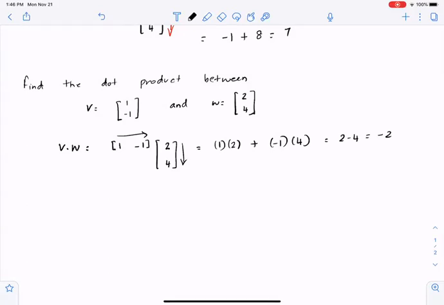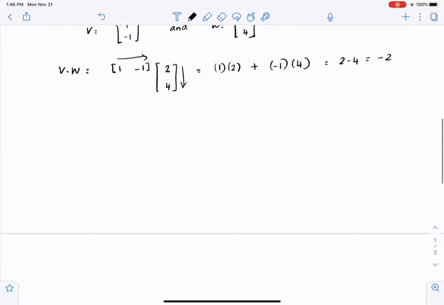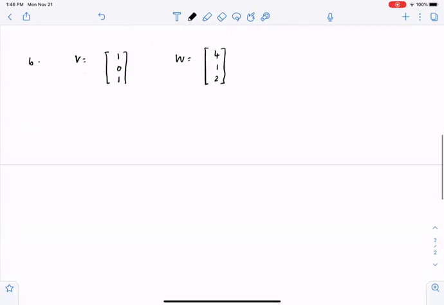I can extend the idea to higher dimensions. One might think, oh, that has to be complicated. Well, it's not.